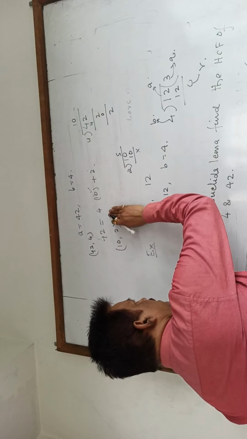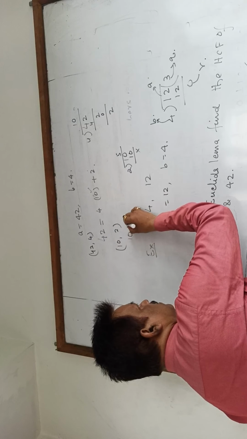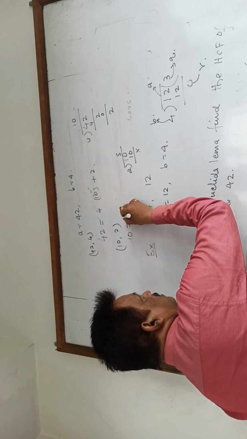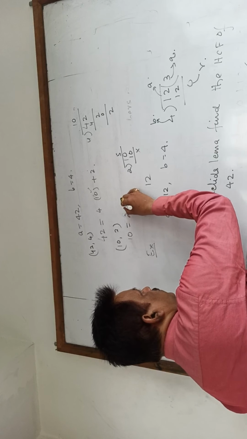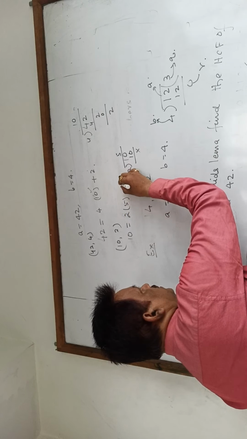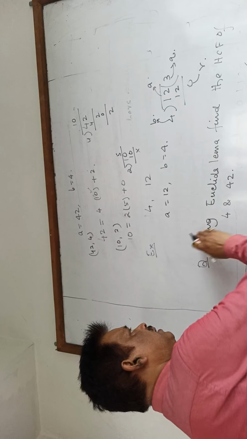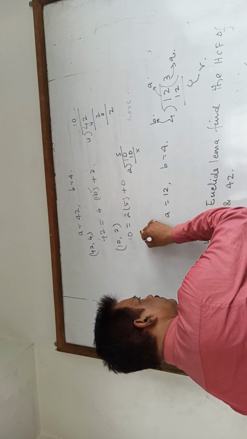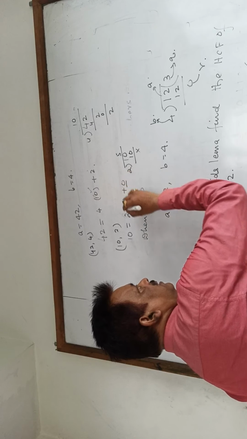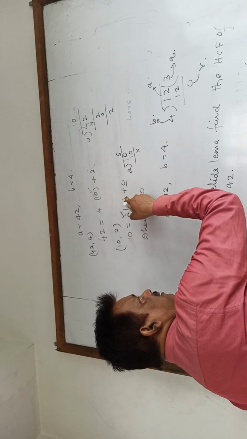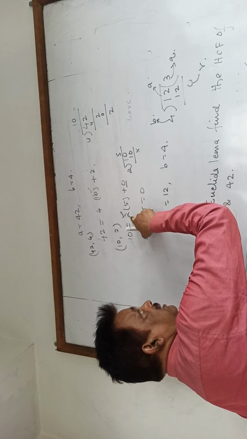So 10 equals 2 into 5 plus 0. So when R became 0 here, this B, this 2, is your HCF.